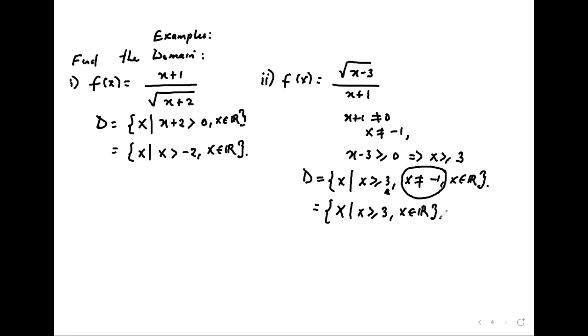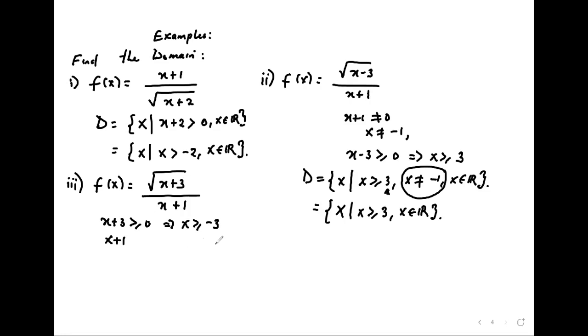Will it always be like this? No. We can have a situation where f of x is equal to the root of x plus 3 over x plus 1, where the numerator will be x plus 3 greater or equal to 0, implying that x is greater or equal to -3. We also have x plus 1 not equal to 0, so that x is not equal to -1.